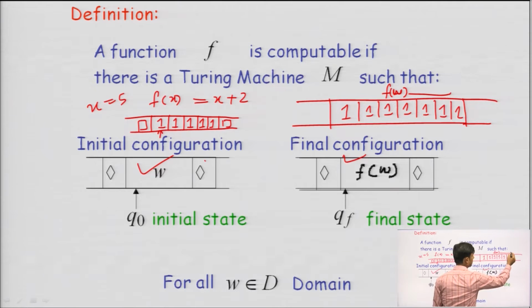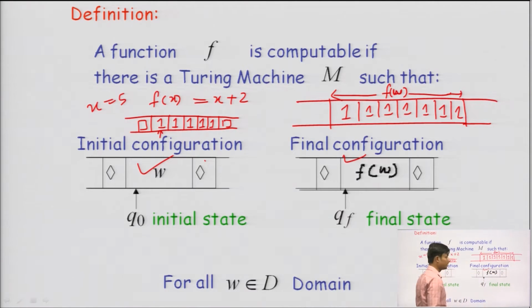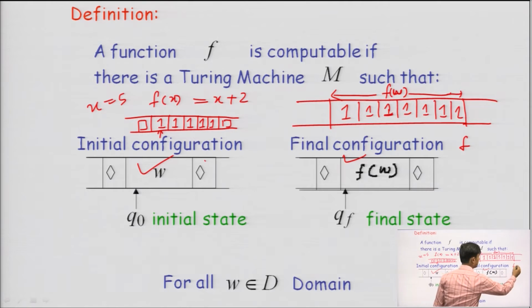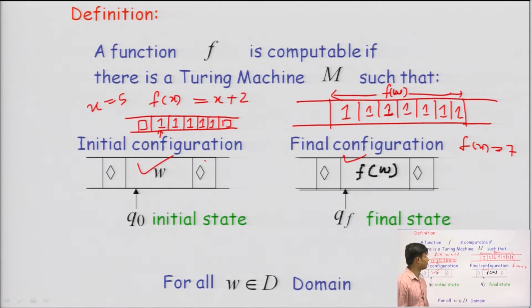You have to take the w on the tape, then run this function on the Turing machine, and then you will get the final configuration, with seven 1s on the tape. If x is 5, then f(x) will be 7. This is the way you have to do it.